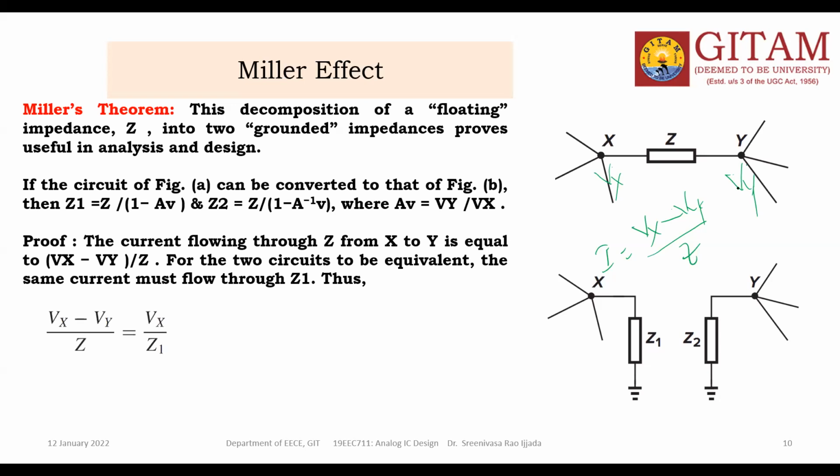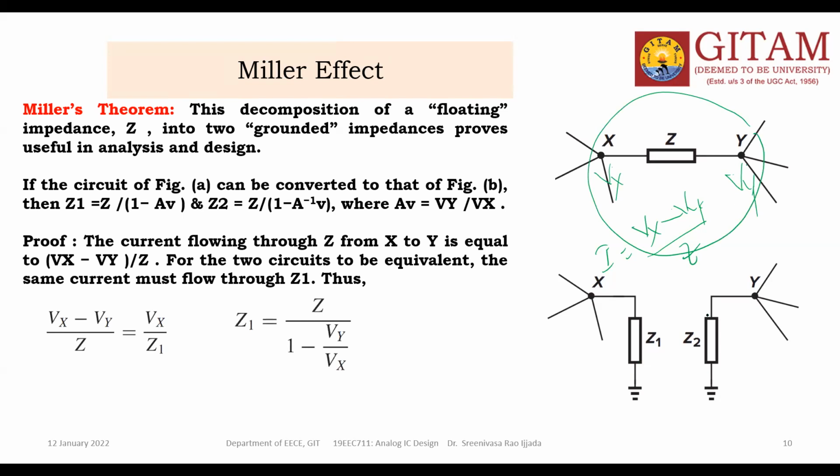Thus Vx minus Vy by Z is equal to Vx by Z1, which is the current flowing in this one.